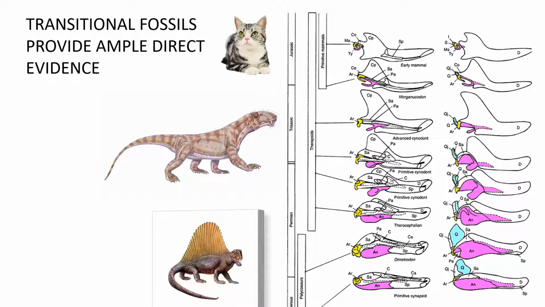Where'd all the other bones go? That's where they went. What we see in the evolution of mammals through their therapsid intermediates is a reduction in all those other bones and a dominance of the dentary. And where did those other bones go? They all just were reduced in size at the back of the jaw.